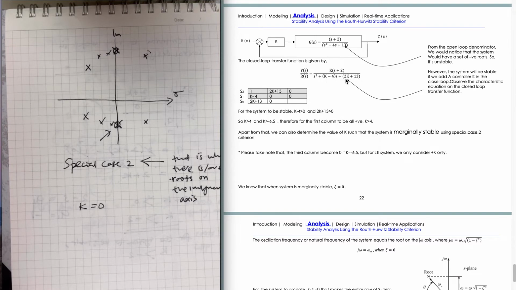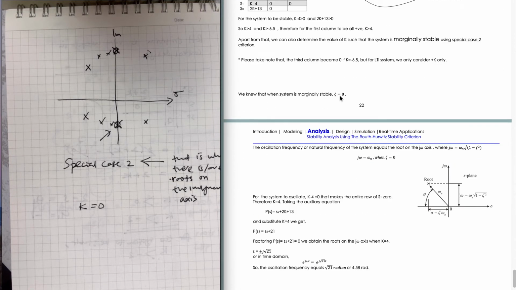Let's say at k equal to 1, if you factor this, there will be different sets of roots for different k values. But how do we know what k value gives us two imaginary roots? Using this, we can determine exactly the k value when the roots of this denominator are on the imaginary axis.